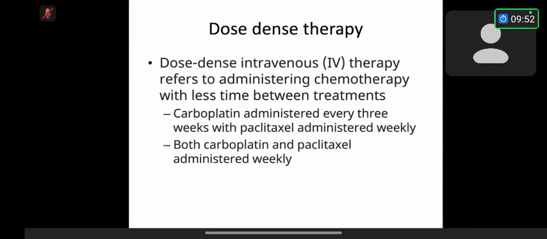What is dose-dense then? Dose-dense means that we are administering chemotherapy with less time interval between the treatments. For ovarian cancer, there are two ways we can do that. One is carboplatin being administered every 3 weeks and paclitaxel every week, or both carboplatin and paclitaxel being administered weekly.